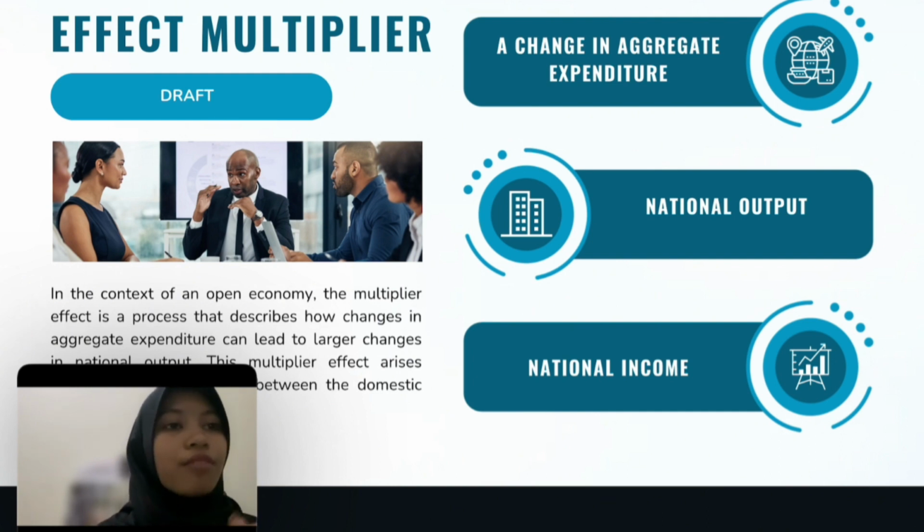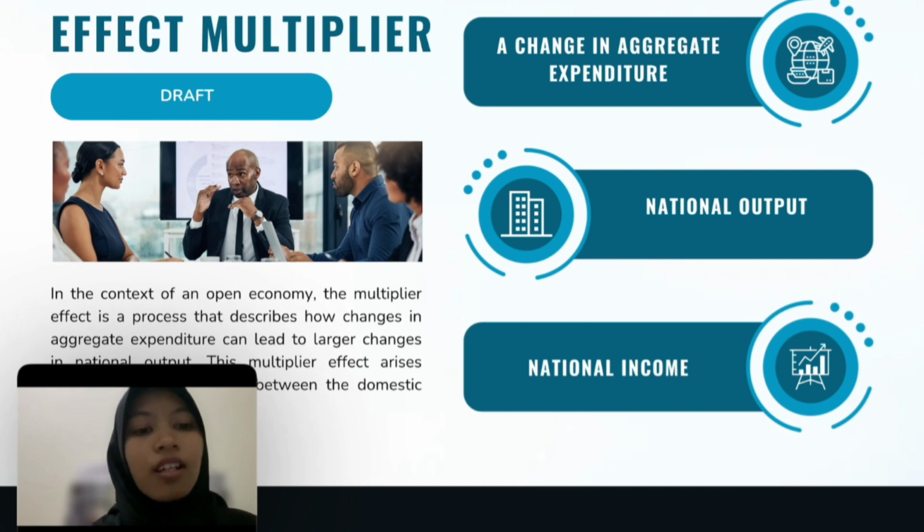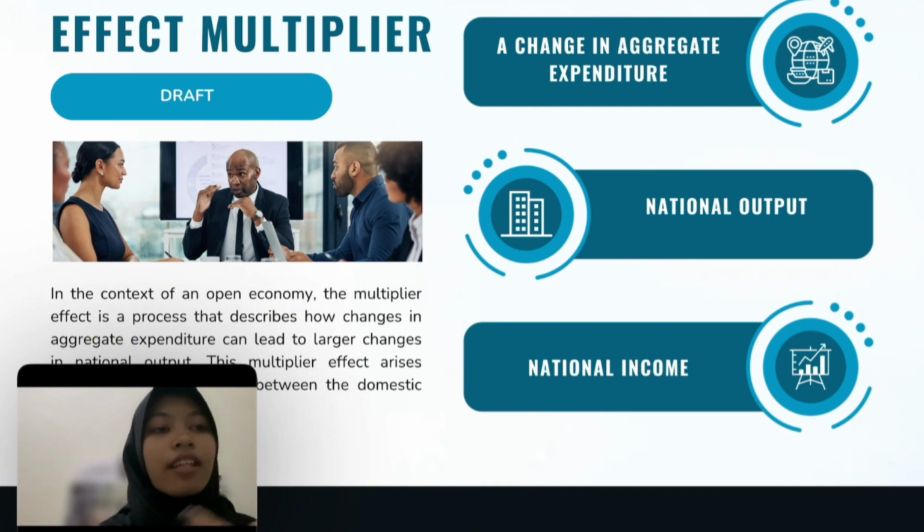In the first, we have a change in aggregate expenditure. A change in aggregate spending can lead to larger changes in national output. Changes in aggregate spending, such as investment or export, will lead to a direct increase in national output.